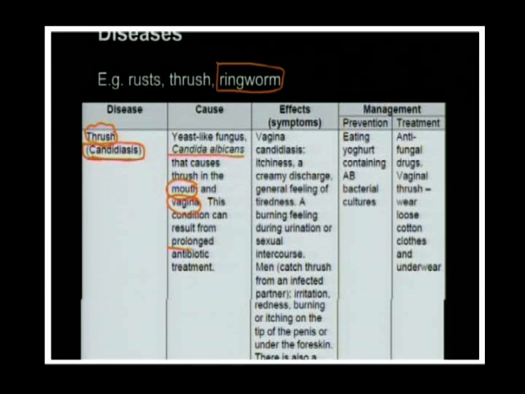Why might you get thrush? The most common cause is by being on antibiotic treatment for a long time. There are natural populations of Candida living in the vagina and in the mouth. Specifically in the vagina, however, there is also a population of bacteria, and the fungal population and the bacterial population keep each other in check.